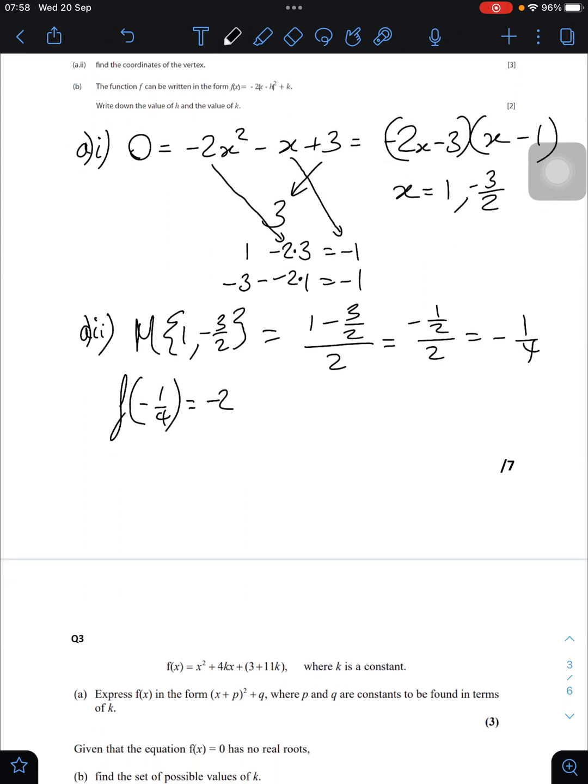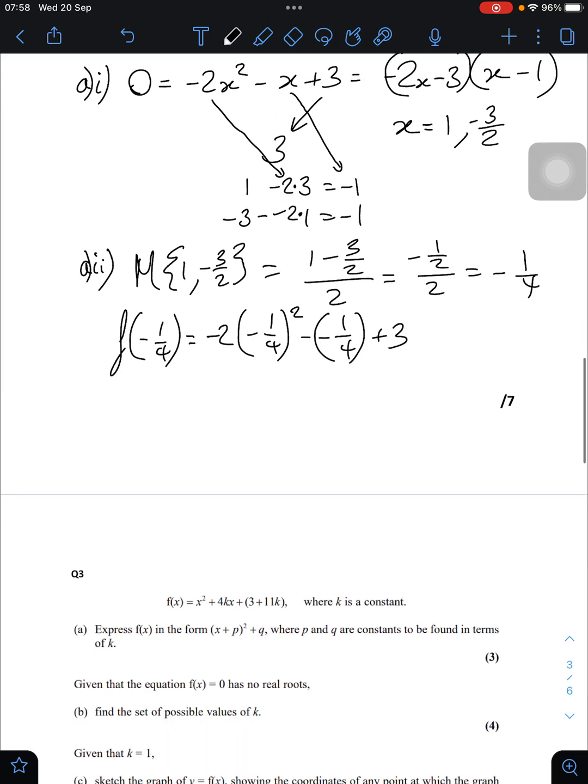And so in this case, it's minus 2 lots of minus 1 over 4 squared minus minus 1 over 4 plus 3. Minus 2 lots of 1 over 4 squared, which is 1 over 16, minus minus 1 over 4 is plus 1 over 4, plus 3.